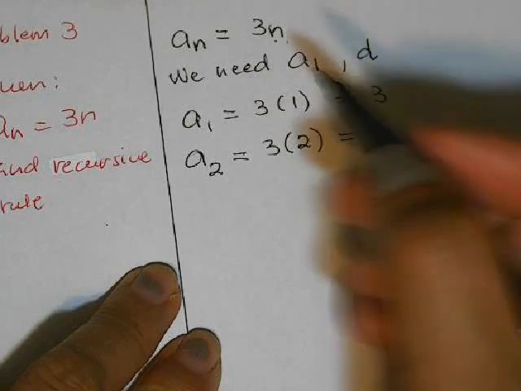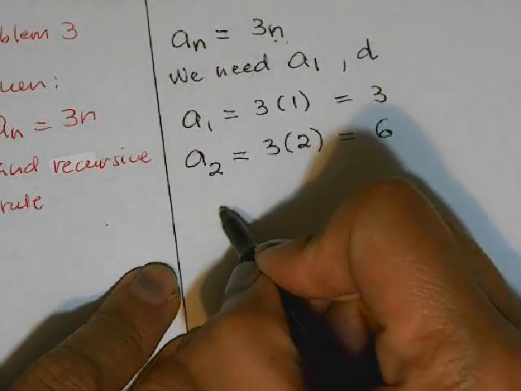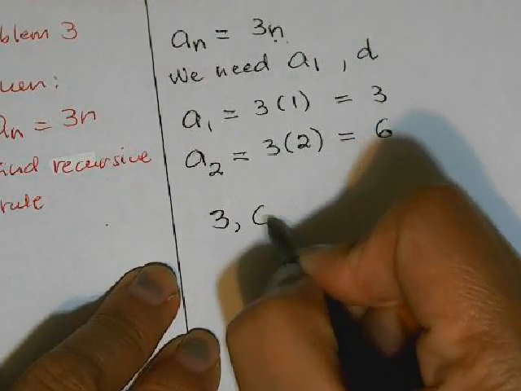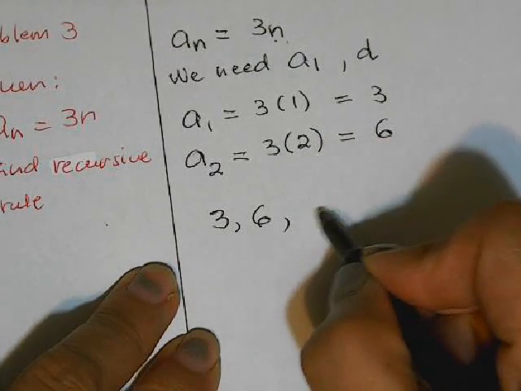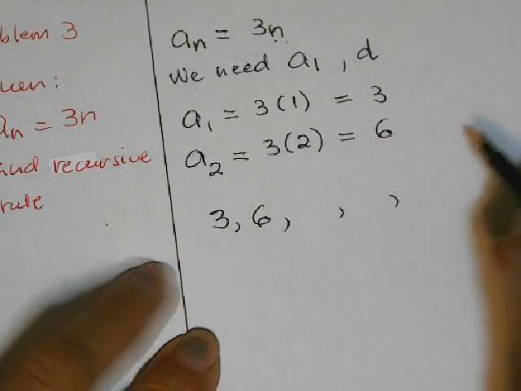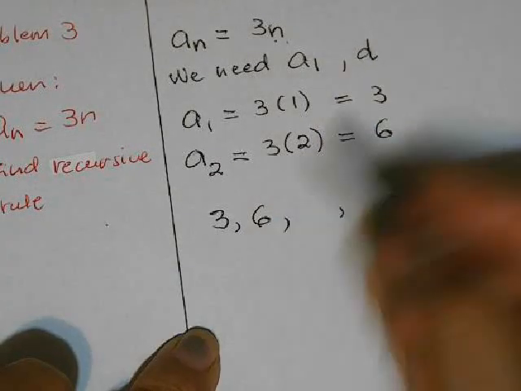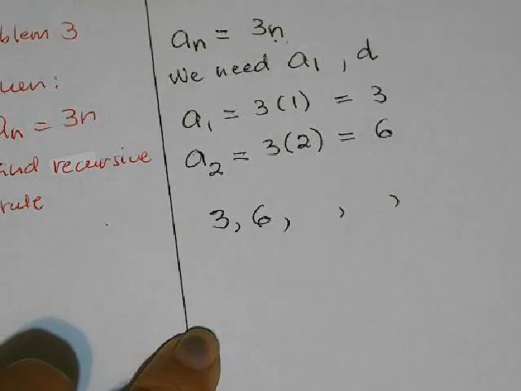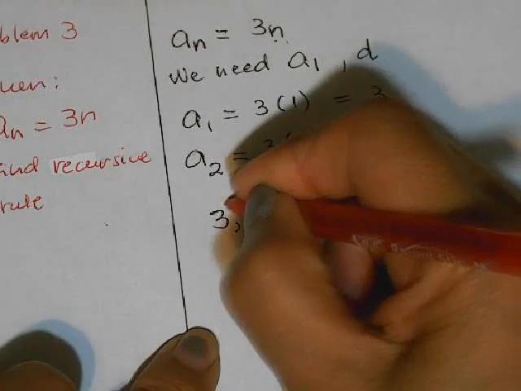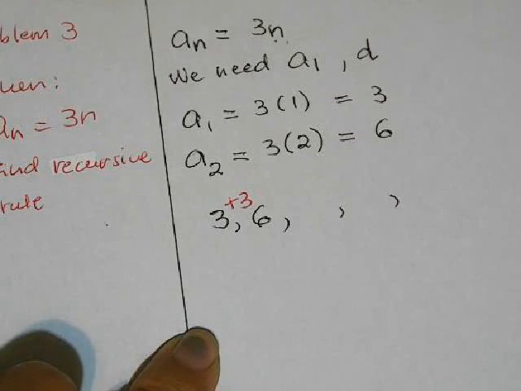So we already know the first two terms of our sequence. So we can find that a sub 1 is 3 and our difference is also 3, because you have to add 3 here.